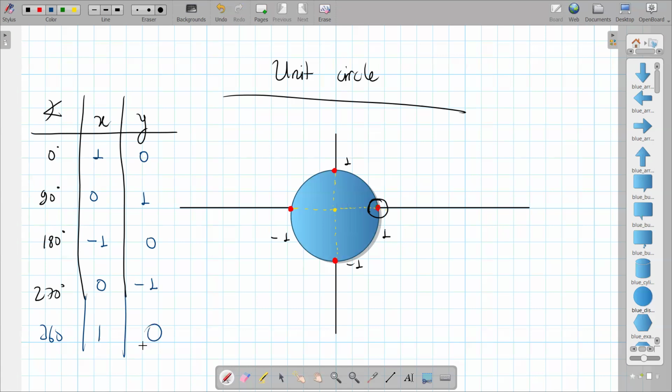So you can use the unit circle to plot the curves of sine and cosine. Here's what you need to know. That x represents the cosine values and y represents the sine values.